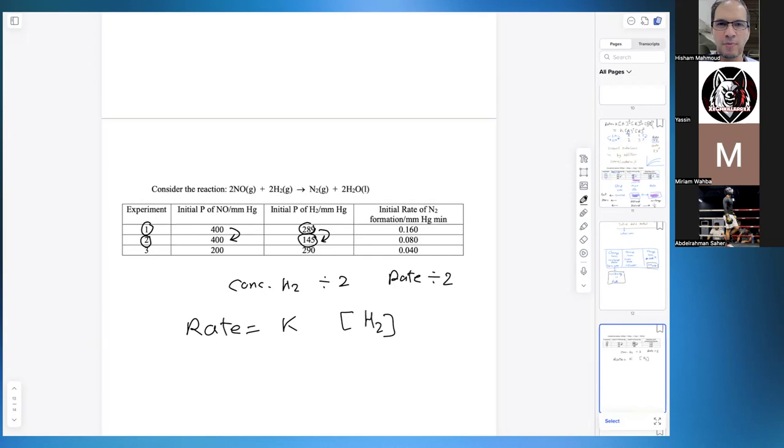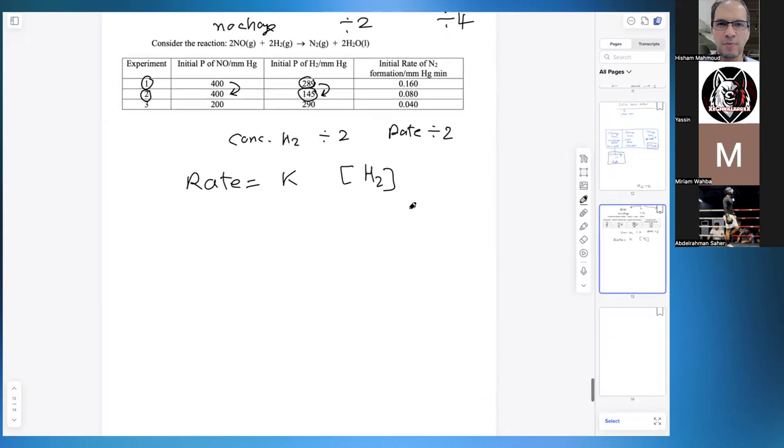I had three cases. Either when the H2 concentration is divided by 2, the rate has no change, or divided by 2 as well, or divided by 4. Which one did I choose, Abdurrahman? Divided by 2 as well. So what will the order be? Divided by 2. So is it zero, first, or second? The same means first.